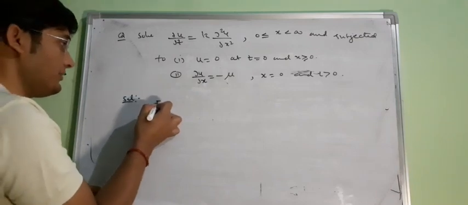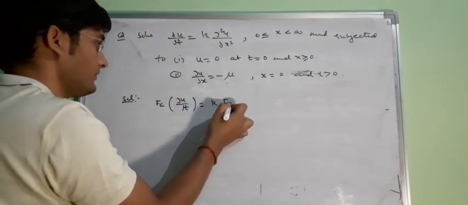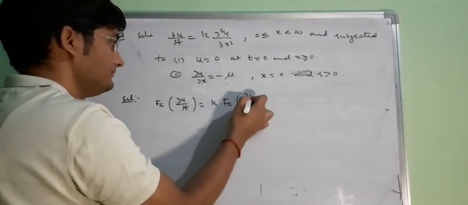So let us apply the Fourier cosine transformation on both sides. Then use our formula.